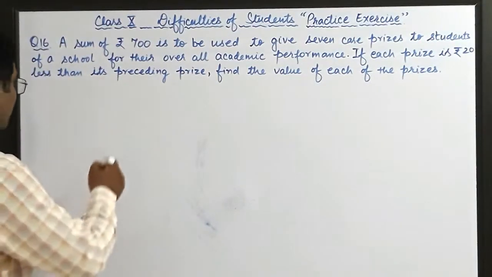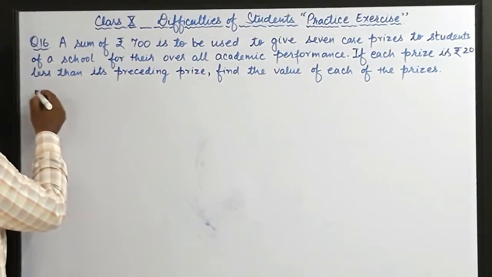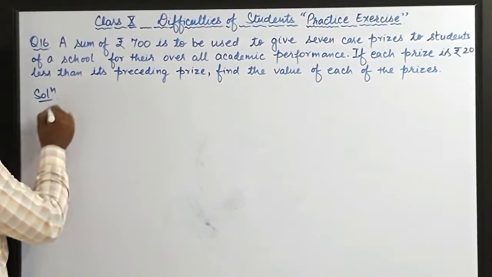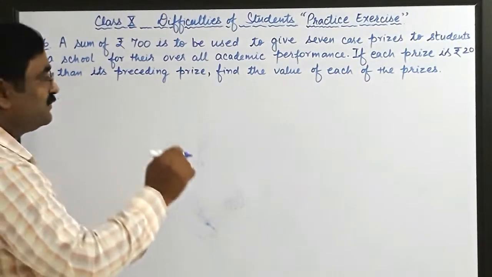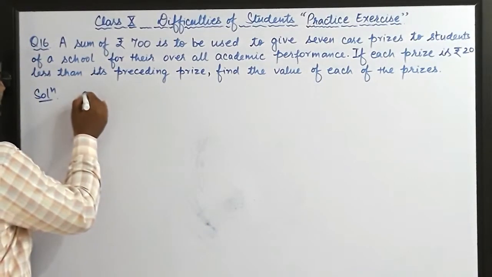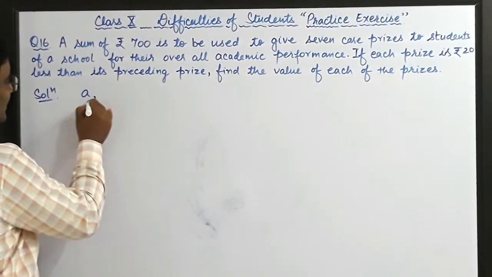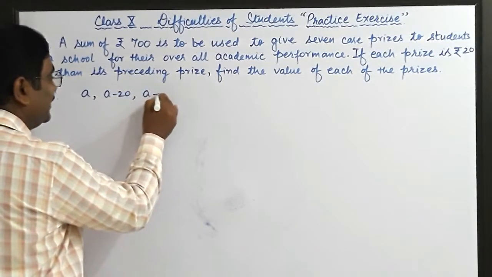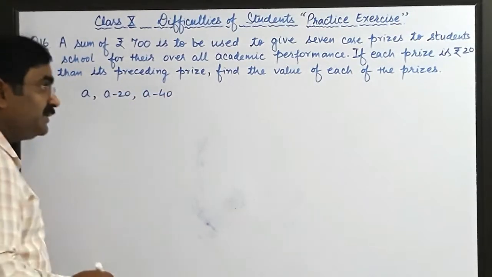So let us suppose that in the solution of this question, as the 7 prizes we have to distribute, let the first prize be A, second prize A minus 20, third prize A minus 40, according to the question.